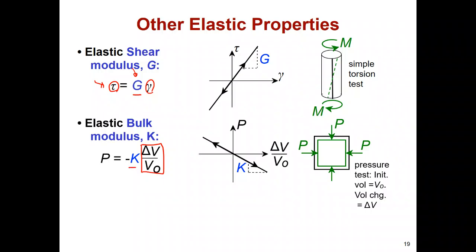They also follow a linear relationship, and that coefficient is the bulk modulus. So the bulk modulus represents the volume change in relation to pressure. That's also an important property of solid materials.